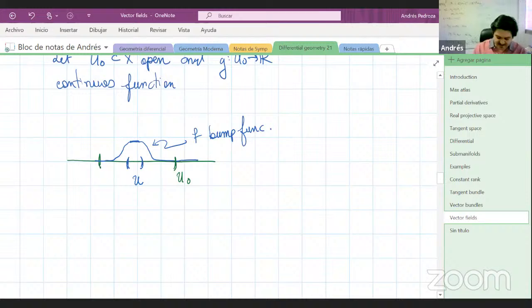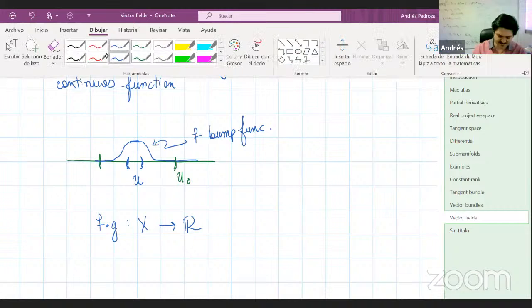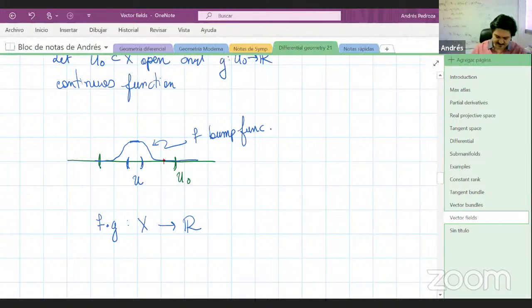So the global function that we have is the same, F times G. Now, in this case, you can see that it is continuous, right? Because G is continuous on U naught.